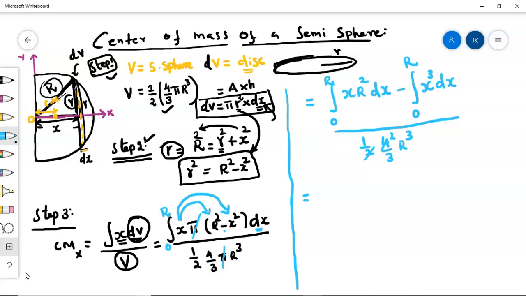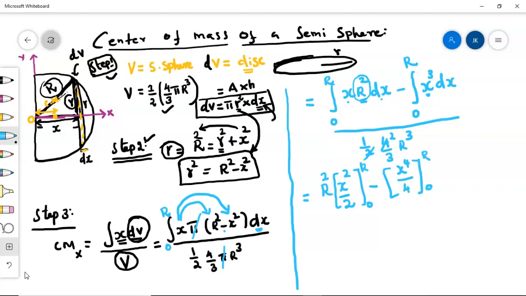Now r square is a constant, so it will be there outside. Now x dx integration is x square divided by 2, and the limit is here 0 to r, minus x cube integration is x to the power 4 divided by 4, and the limit is here written.